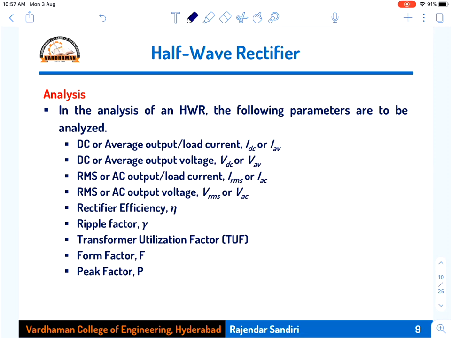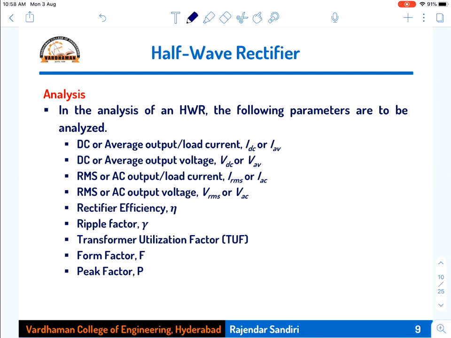So we have to calculate how much DC current and DC voltage is present in the output, and how much AC voltage and AC current is present in the output. So you get four parameters: DC output current, DC output voltage, AC output current, AC output voltage. We represent them as IDC, VDC, IRMS, VRMS.